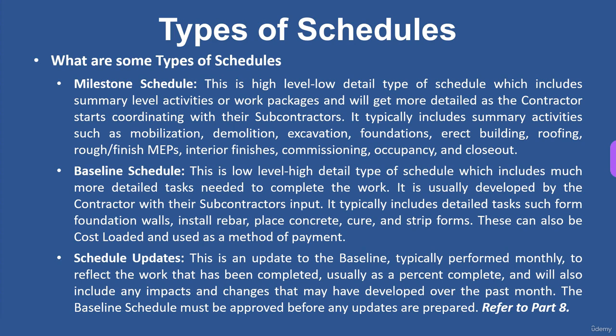Then the schedule updates. This usually happens monthly. This is when the contractor updates the baseline schedule to reflect work that has been completed, usually as a percent complete, and will also include any impacts and changes that may have developed over the past month. The baseline schedule must be approved before any updates are prepared.